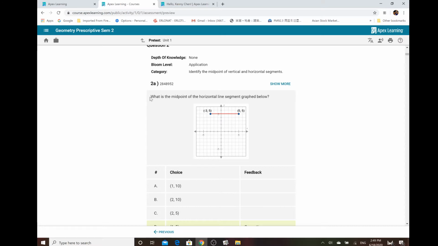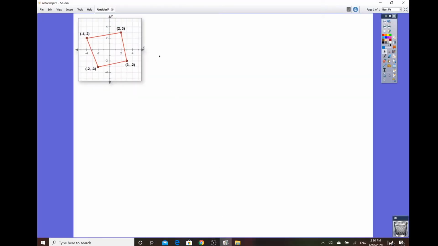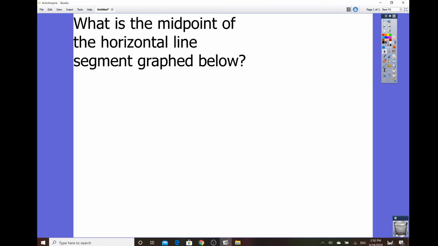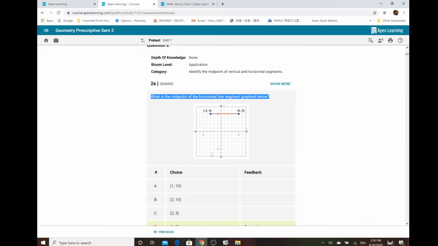So I'm going to do it on the other software here. Let me just highlight this one. Okay, so let's see. Let me get rid of this one here. So the way to find a midpoint. Okay, so I need a graph as well. Let me go back to the graph.